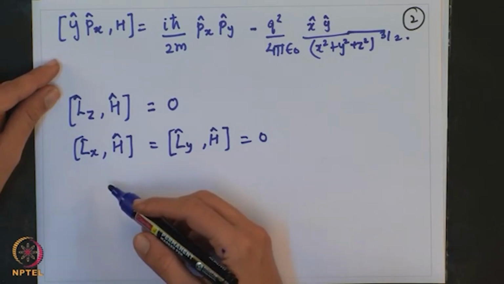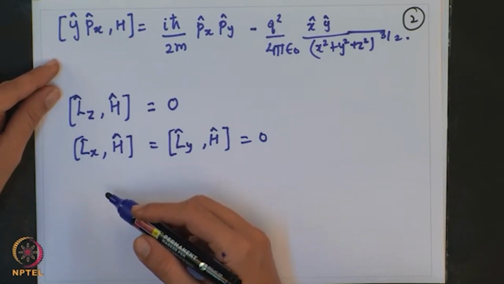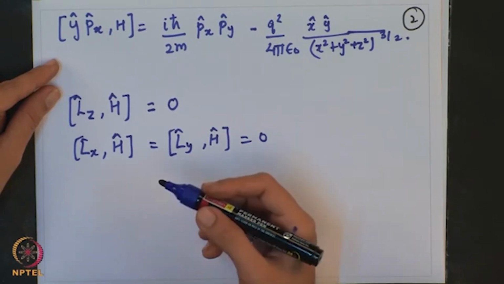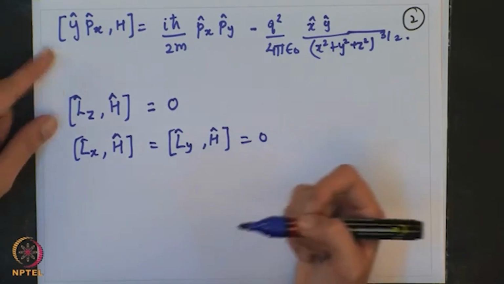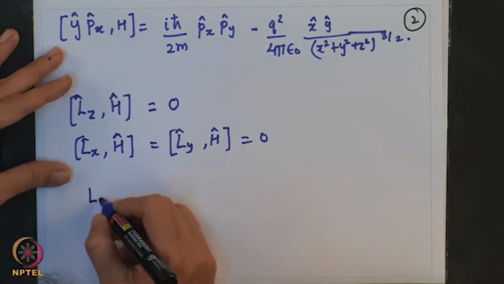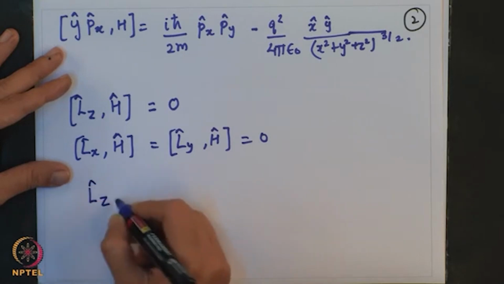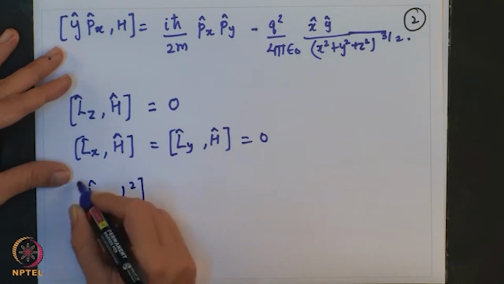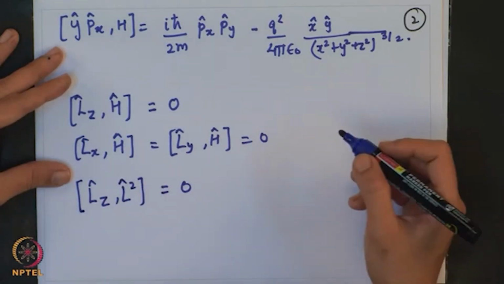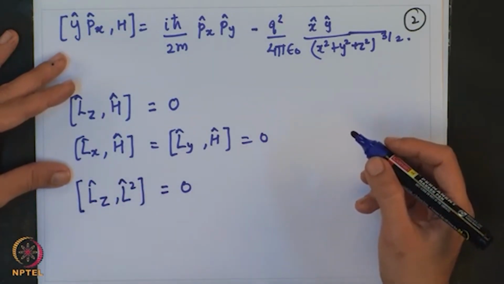So, we also have to do in the second part the list of maximal compatible sets. One more thing you have seen is that the commutator of Lz with L square is 0.